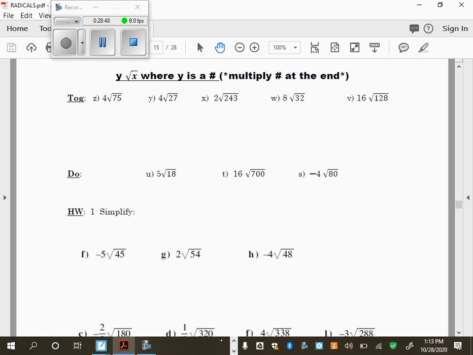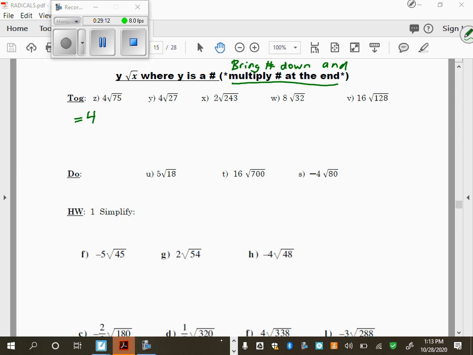Okay, so we have a number in front of radical 75. We already talked about this once. And this is how we're going to do it. We're going to bring the number down, and we're bringing it down twice, and multiply the number at the end.